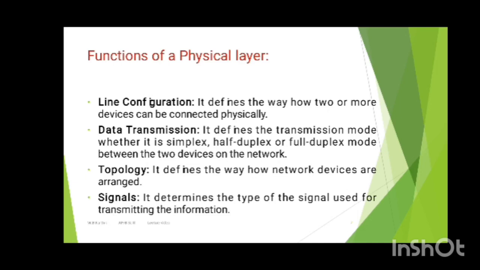Data transmission defines the transmission mode, whether simplex, half duplex, or full duplex, between two devices on the network. Topology defines the way network devices are arranged. Signals determine the type of signals used for transmitting information.